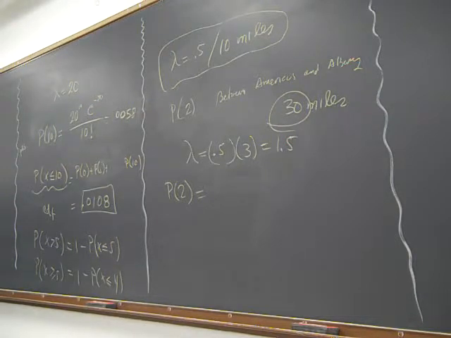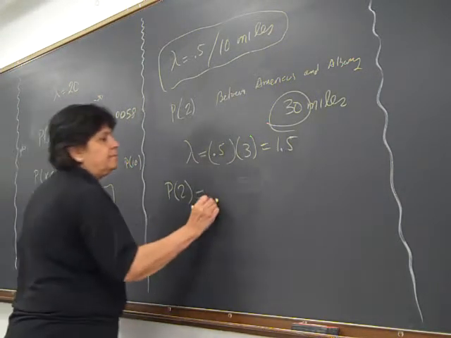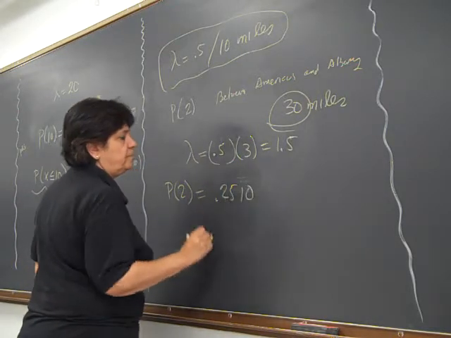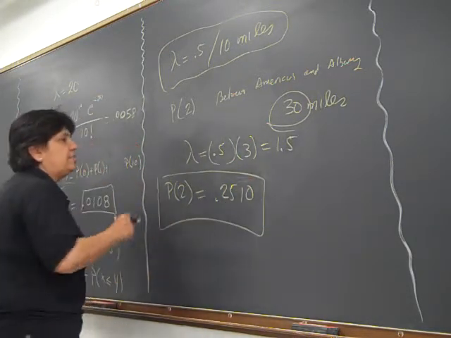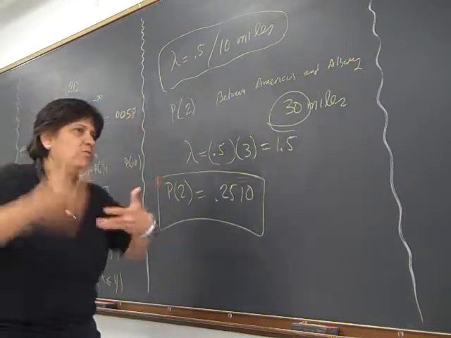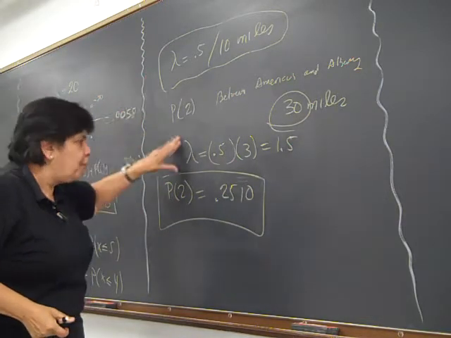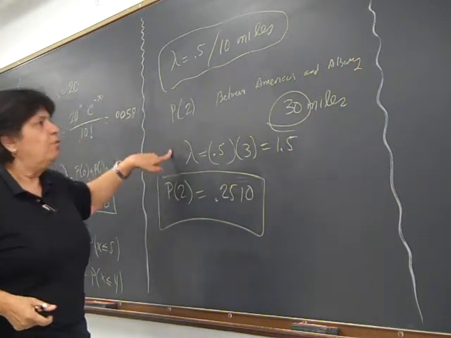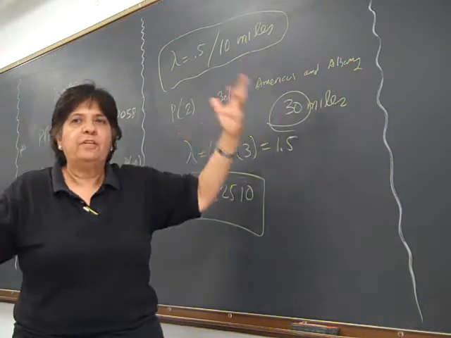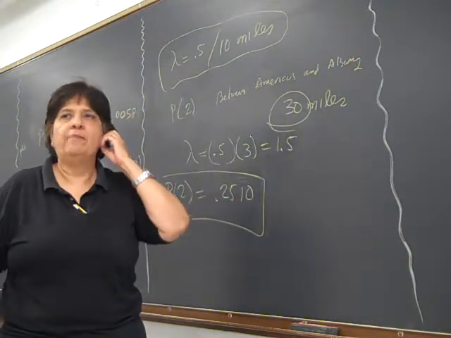Go to the table, probably it's easier. 1.5, 2 is 0.2510. So don't do it the other way. You have to adjust your lambda first for your number of kilometers or miles or time or whatever.